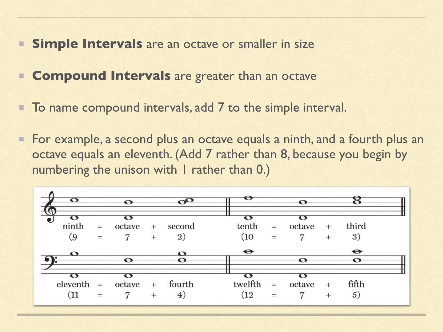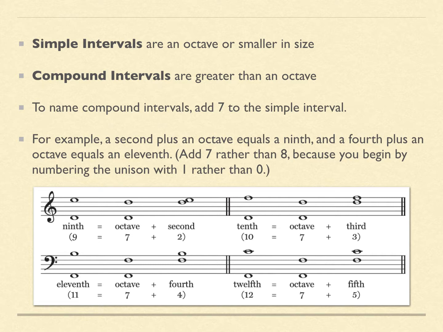Similarly, the compound version of a fourth, the fourth plus an octave, is an 11th. I know it's confusing when you say plus an octave and only add 7, but the reason is because you start with 1 rather than 0 when you're numbering these things.